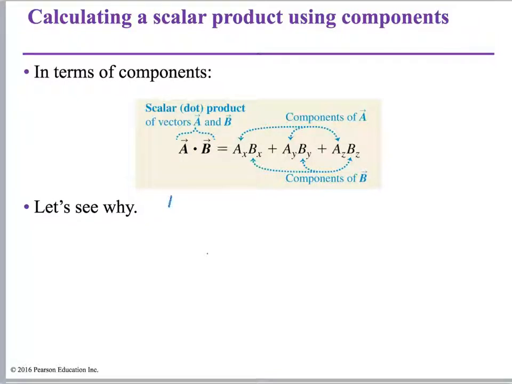So here in this situation, vector A is being written using the x unit vector, which is i, the y unit vector, which is j, and the z unit vector, which is k.